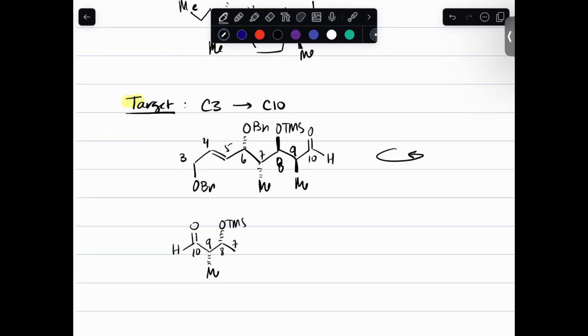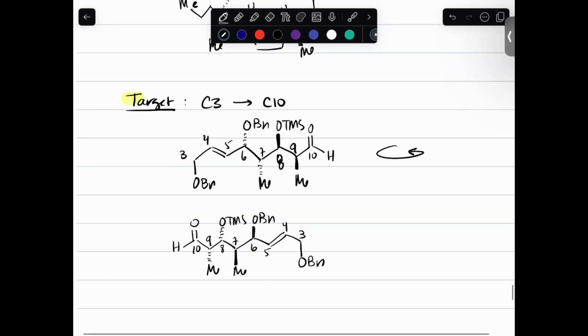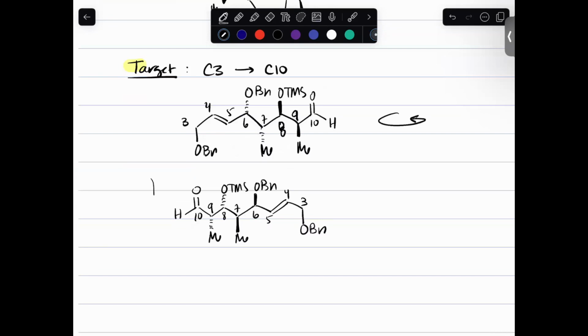And my substituents at carbon 7 and 6 are now wedged. Okay. This is his target.